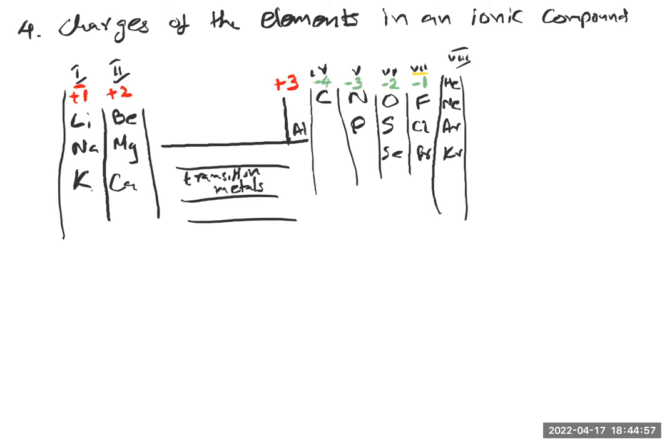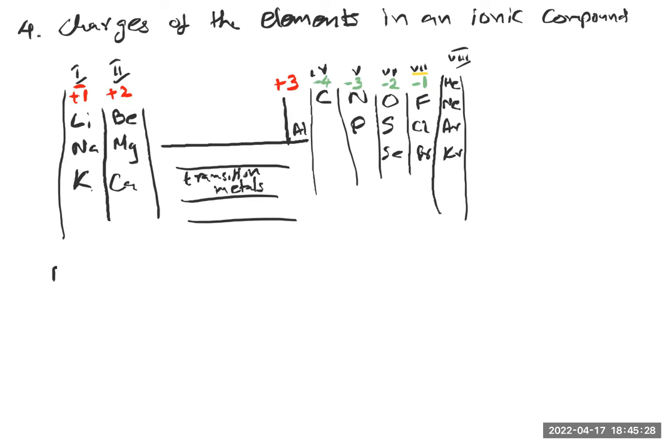The reason I skipped the transition metals is they can form various charges. Because of the involvement of the d electrons, which have comparable energies, they can form different charges. I'll give you an example. If you take something like iron, we can denote iron as Fe.